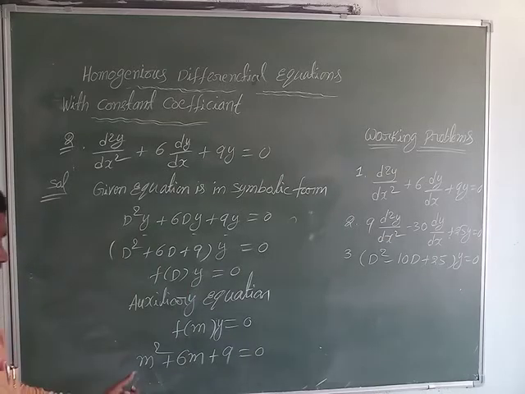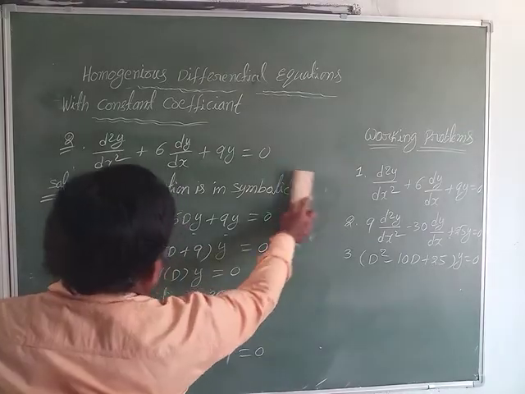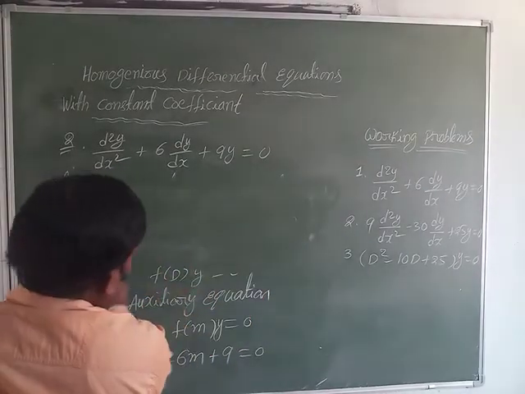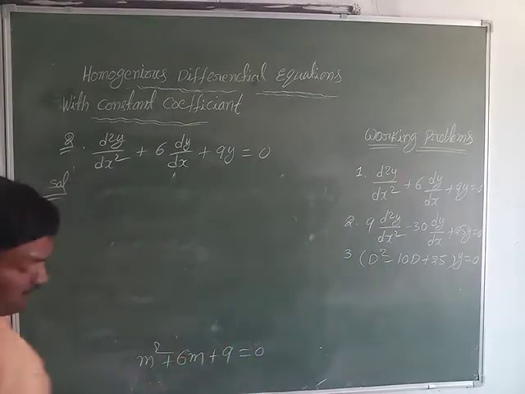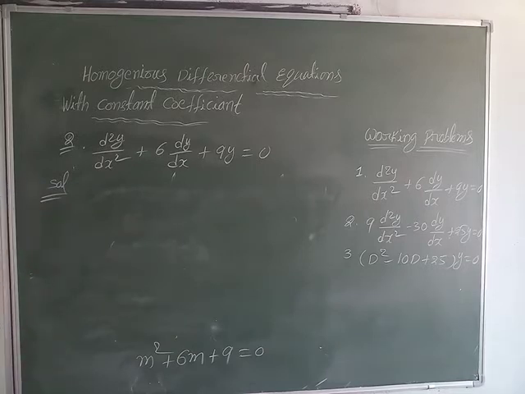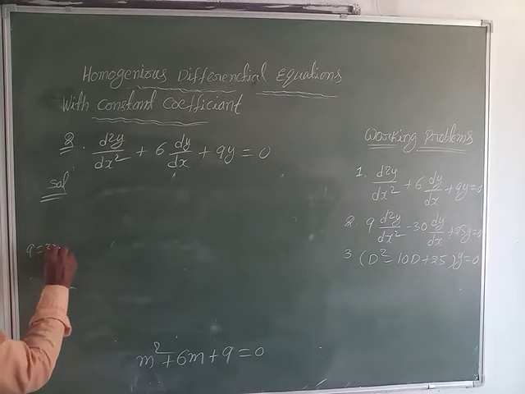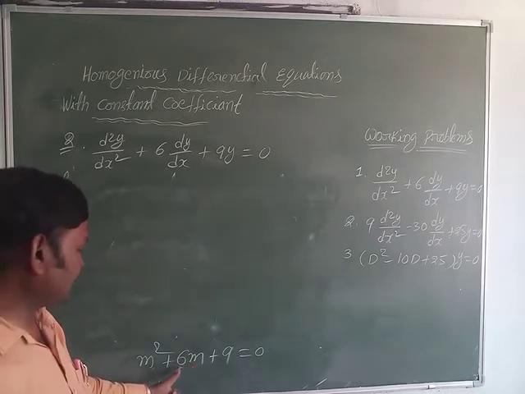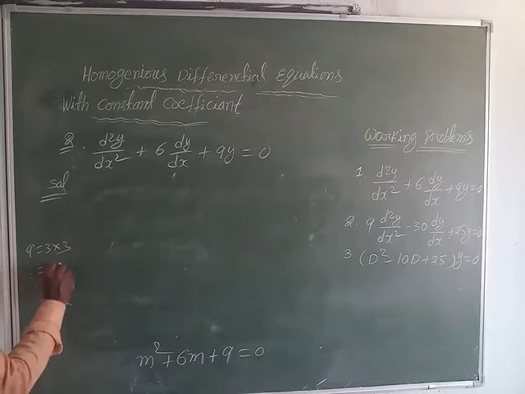So this is the quadratic equation. It has two roots of m, so now we will find the values of m. Here 9 into 1 is 9. What are the factors of 9? 3 times 3 is 9, and the coefficient of m is 6, here 3 plus 3 is 6.